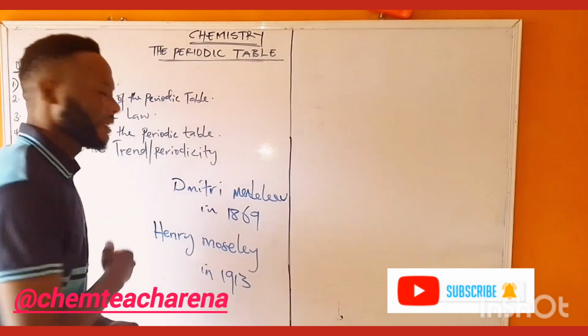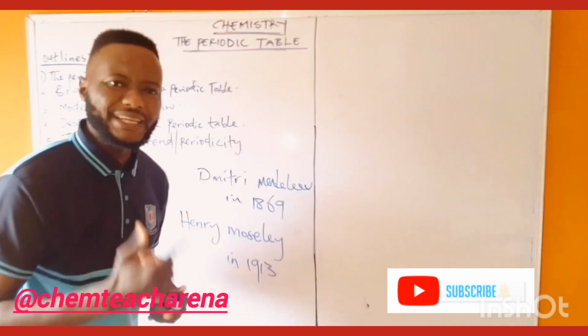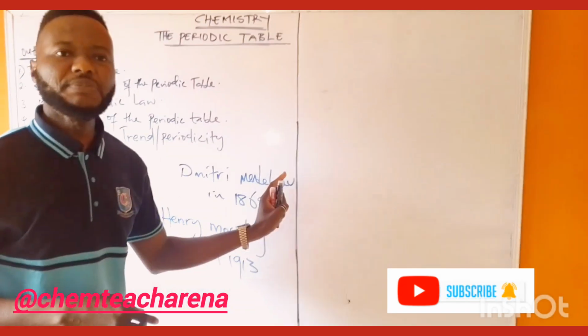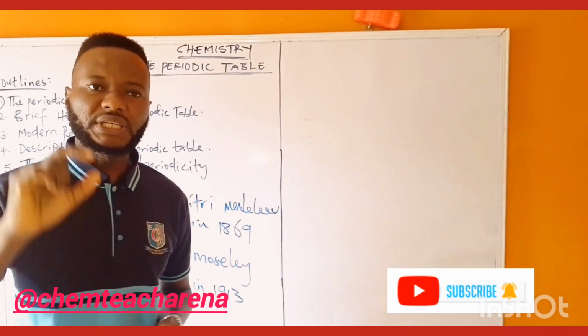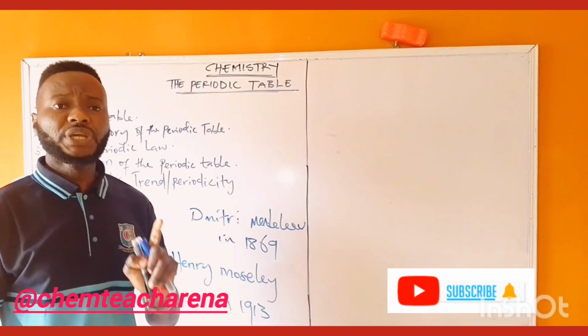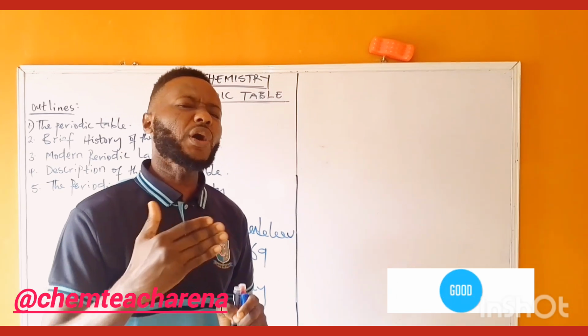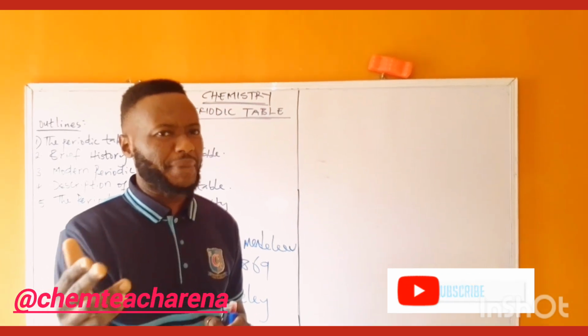What this young man, Henry Moseley, did was that he revised what Dmitry Mendeleev constructed. According to Dmitry Mendeleev, he arranged these elements in the periodic table in the order of increasing atomic mass.